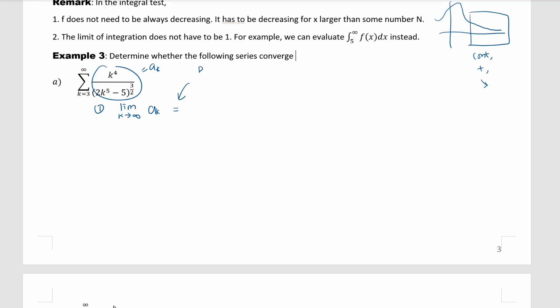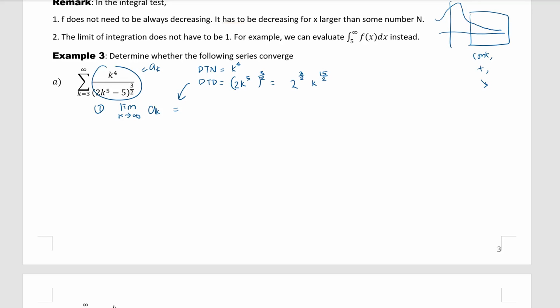Here, the dominant term of the numerator is k to the 4. The dominant term of the denominator is (2k to the 5th) to the 3/2. What is that? Here we can see 2 to the 3/2, and then k, 5 times 3/2 is 15 over 2.